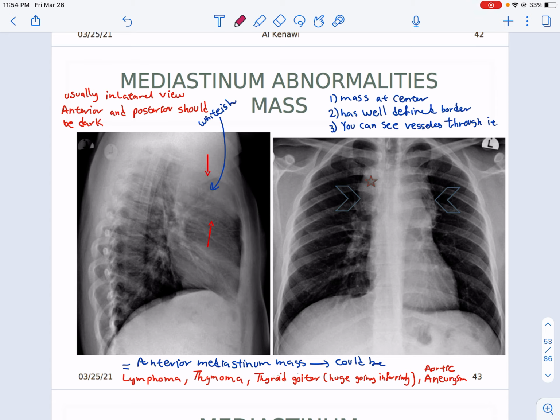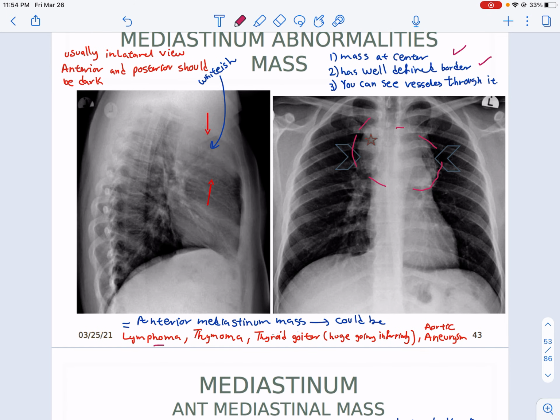For example, if we see a mass at the center, and this mass has a well-defined border, and we can see the vessel through it, most likely this is gonna be either lymphoma, thymoma, or thyroid goiter, actually a huge thyroid goiter that's going inferiorly, or aortic aneurysm. هذه الأسباب لها, and based on the patient's lab results, physical examination, and history, we can know which one this is.